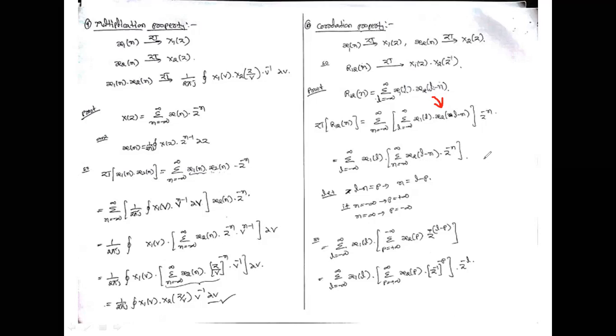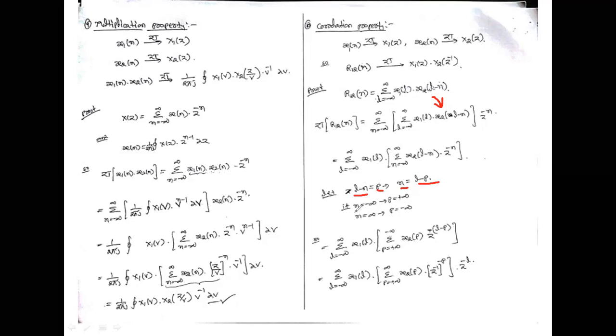Here also you can use one of the properties, the shifting property. How many samples are shifted here? N samples. Otherwise, without knowing that, simply substitute L minus n equal to p, where n is equal to L minus p.